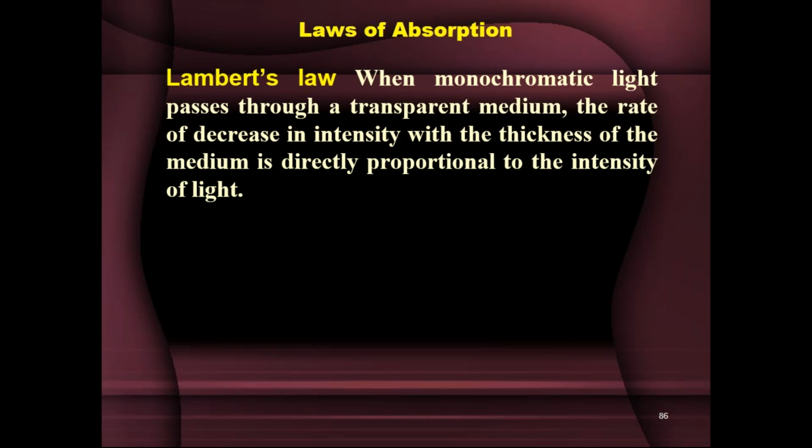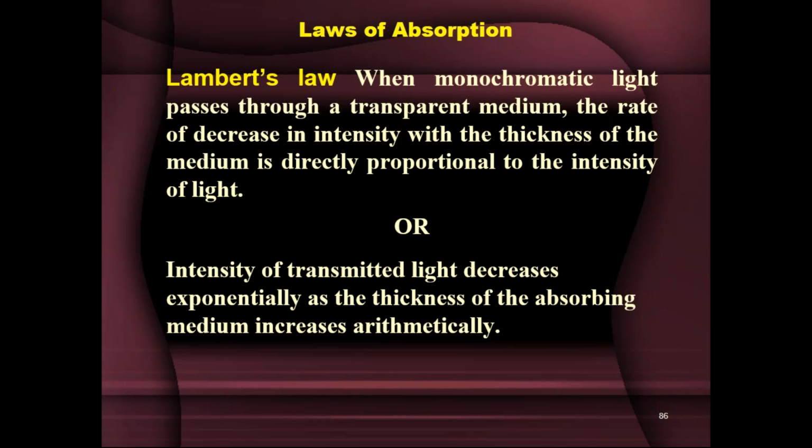This is the way Lambert's law must be stated. But there is also one more way, which is a very simple way. So in case you are not able to remember the law in that form, at least you should be able to write this.